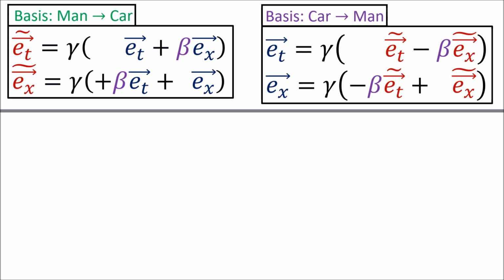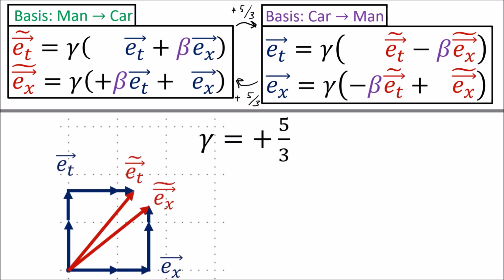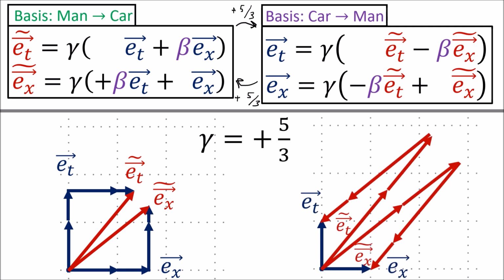Now, one thing that might be surprising is that the gamma factor is positive 5 over 3 in both cases. You might think that it's impossible to scale by 5 over 3 to go from Einstein to the Carr, and then scale by 5 over 3 again to go back from the Carr to Einstein. But as we can see in these pictures, scaling by positive 5 over 3 in both the forward and reverse directions works out just fine.